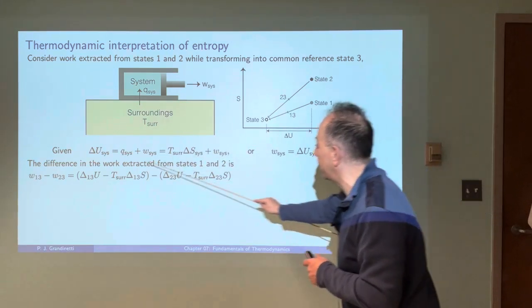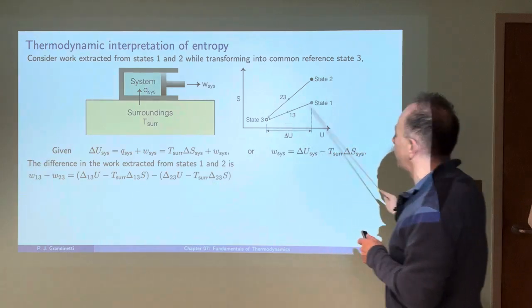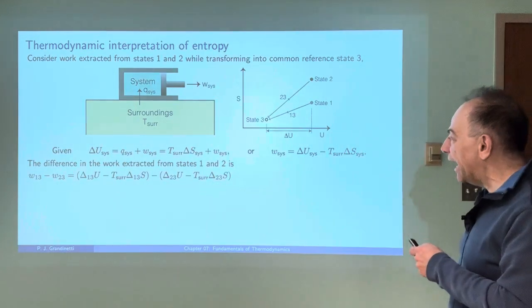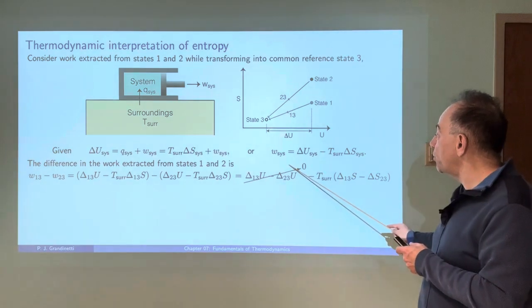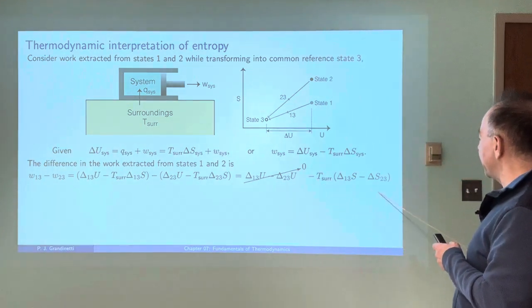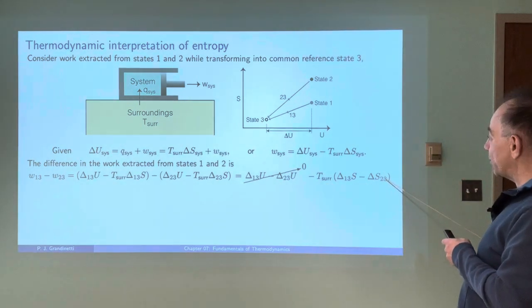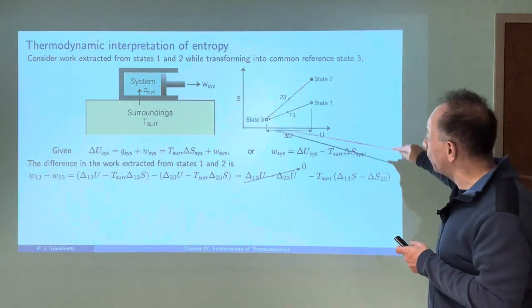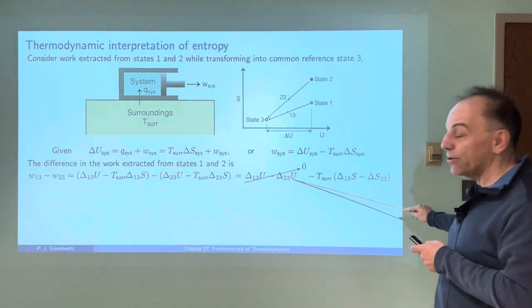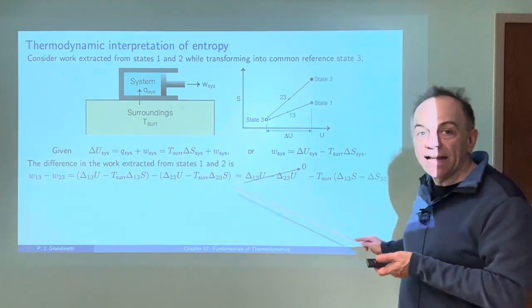Substituting in for these two processes and expanding that out, the delta U terms are here, and the T delta S terms are here. Because delta U is identical for both of these, these two terms are exactly the same, and they cancel out.